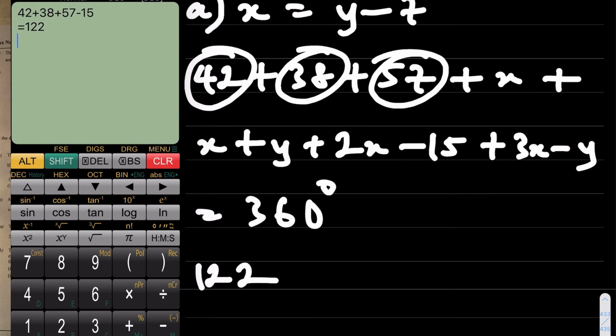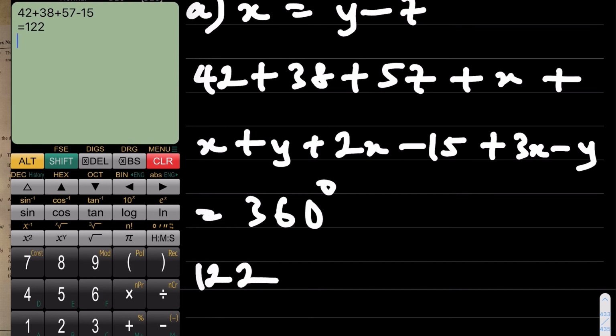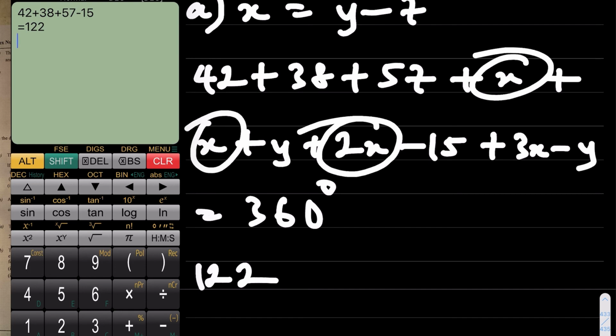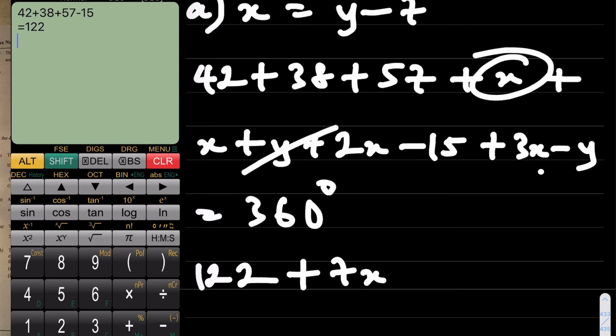Now let me add all the x's. x plus x, that's 2x, plus 2x, that's 4x, plus 3x, that's 7x. So 122 plus 7x. And I can see that y minus y is 0.